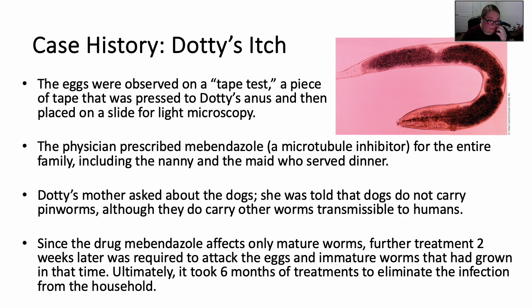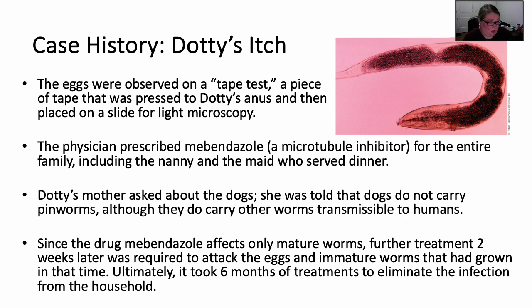The thing about this drug is that it only affects mature worms. They took a first treatment and killed all the mature worms in their systems, and then they had to take another dosage two weeks later, because all those eggs that were causing the itching had now grown to mature worms and needed to be taken care of.